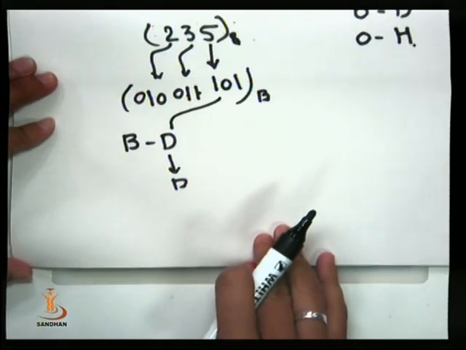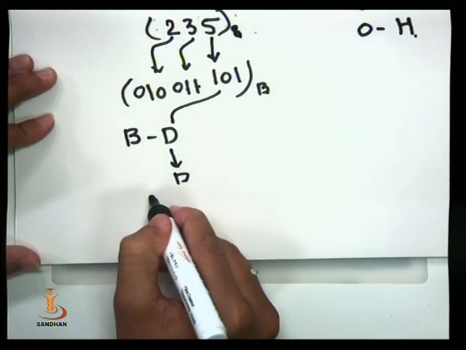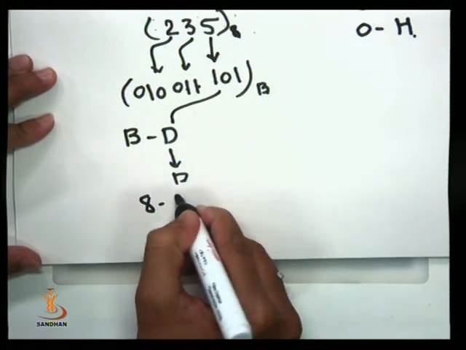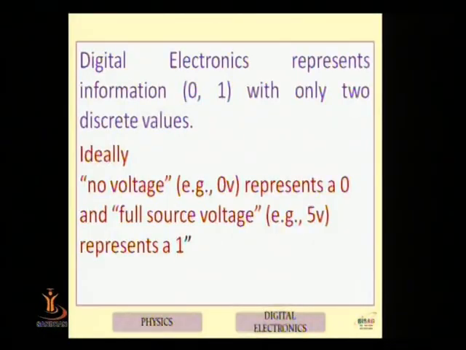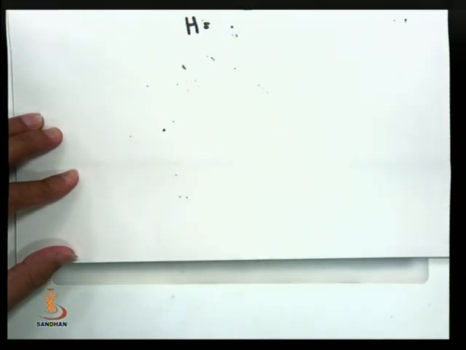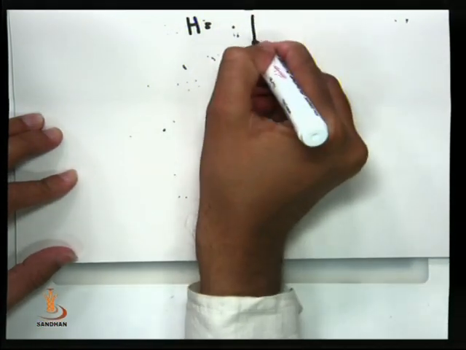Then comes octal to hexadecimal. Let me take the octal number 2, 5 and 7. Our objective is to convert into hexadecimal, but the simplest way is to convert first into binary.